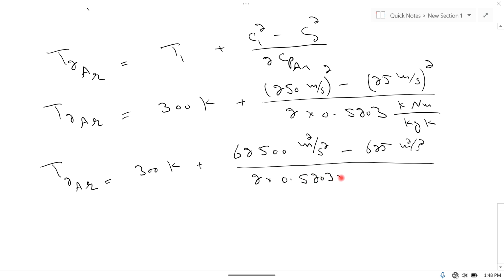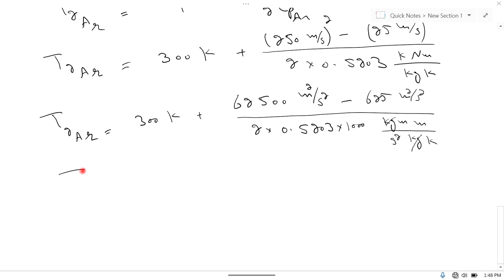Kilo is equal to 1000 and Newton is equal to kilogram meter per second square, so kilogram will cancel with kilogram.